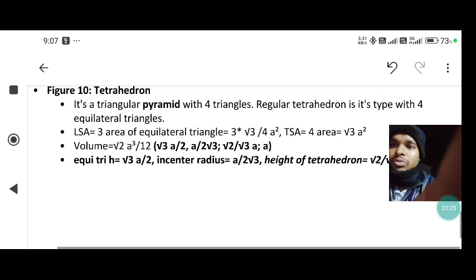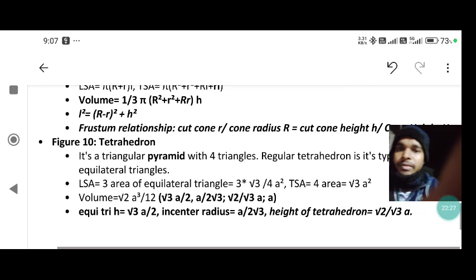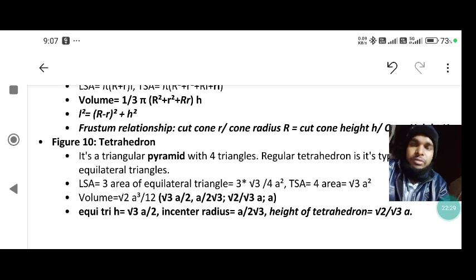The volume is root 2 a cube by 12, but root 2 by root 3 times a is the height of the tetrahedron.